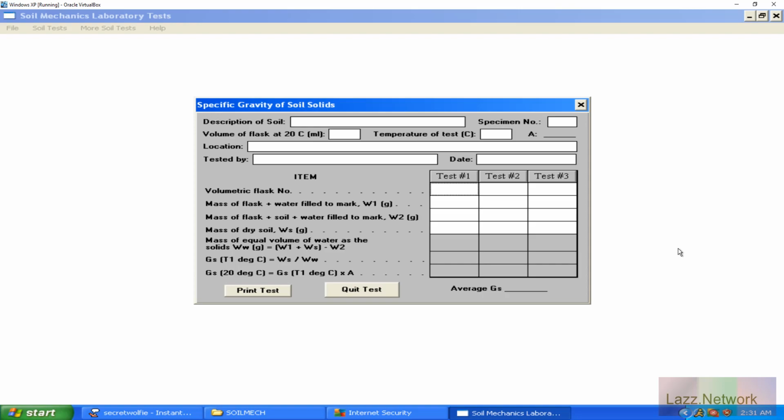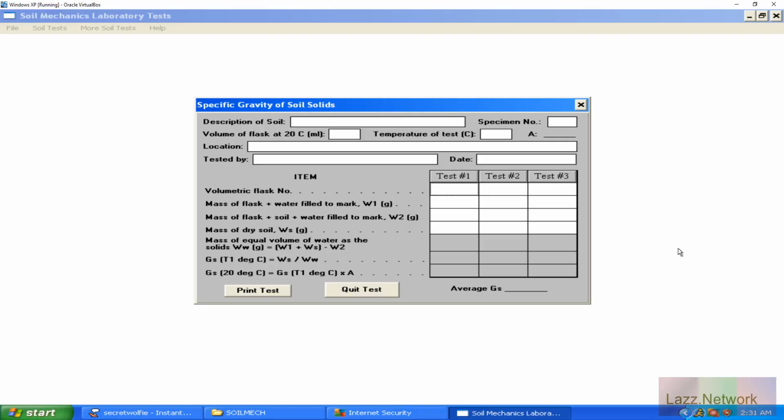where your container and everything is going to be sitting out and it's going to stabilize before you do your final weights and whatnot. You want to make sure that you check that water because, like I described earlier, your density of water changes depending on temperature. So obviously the hotter it is, the less dense it is.